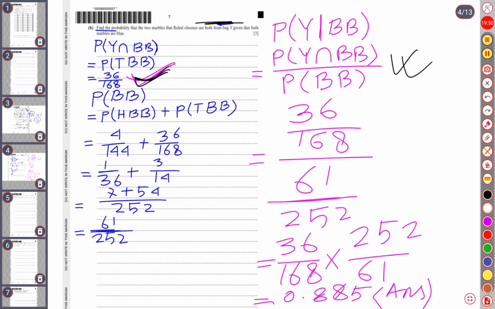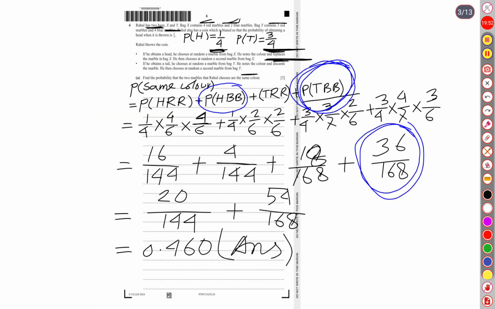Let me show you the previous part of this solution. Yes, so this was the previous part of this solution. Let me erase these unnecessary parts. This is 3 over 7.